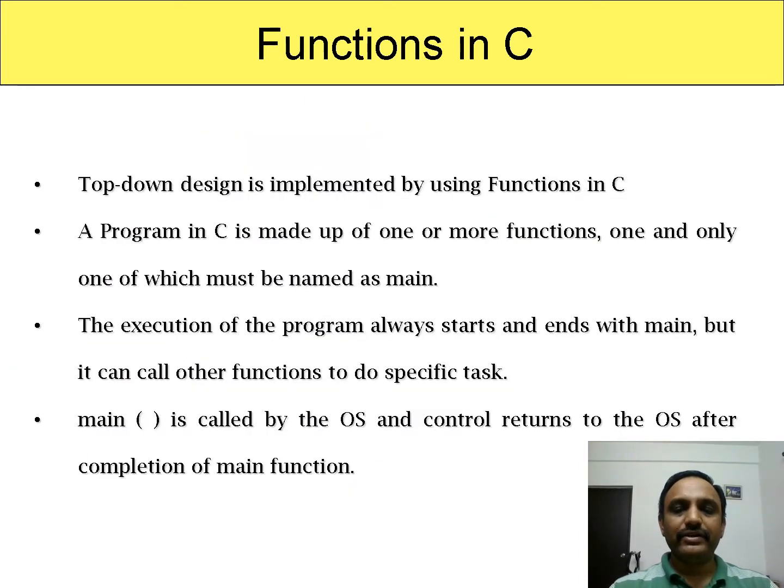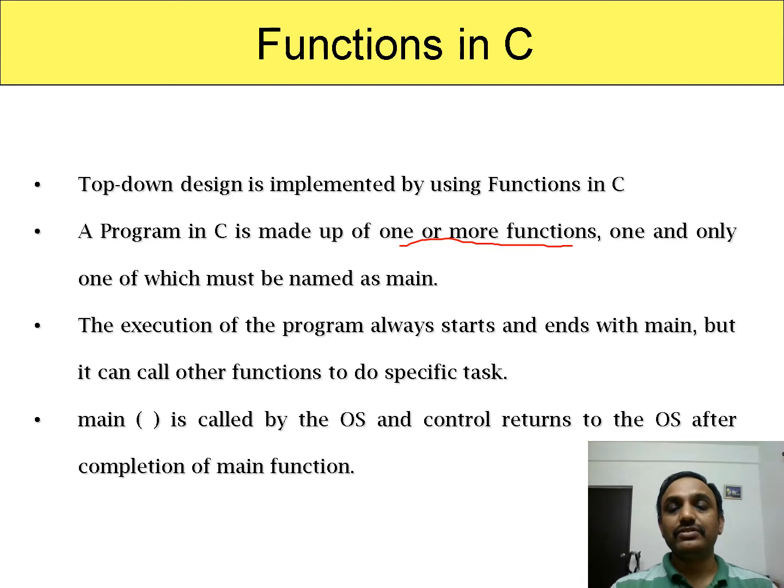To implement this modularization in C language, we use the topic of functions. To implement modularization, structured programming or top-down design, we use functions in C. A function in C is a part of the program which is used to perform a specific task. A program in C is made up of one or more functions.